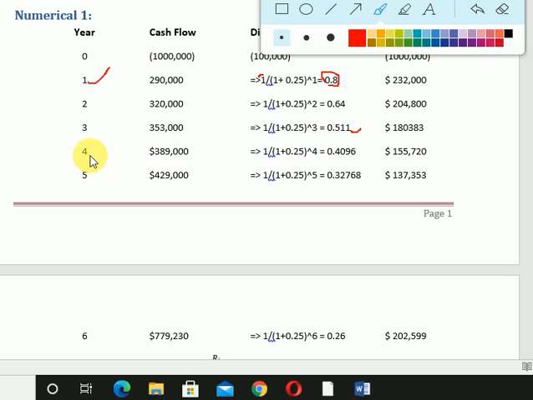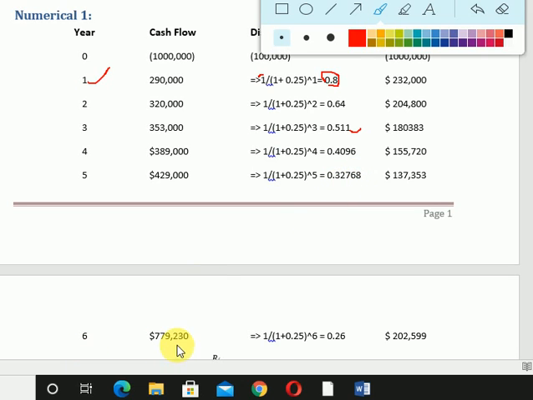For the fourth year, the discounting factor is 1 divided by 1 plus I, where I is 0.25, raised to the power 4, which is equal to 0.4096. For the fifth year, 1 divided by 1 plus 0.25 raised to the power 5 is 0.32768.